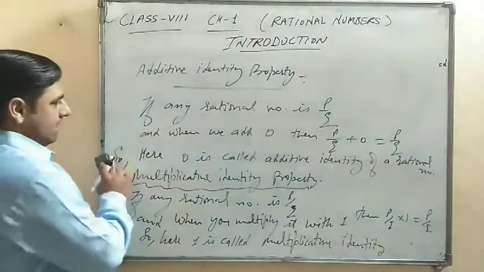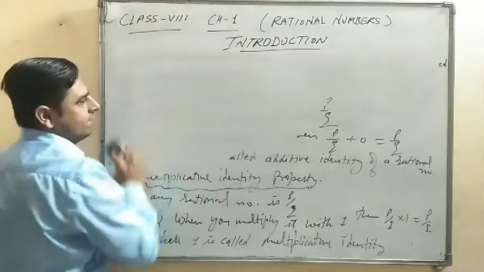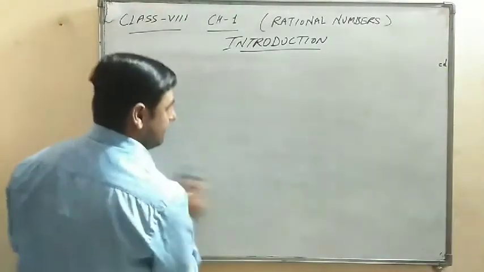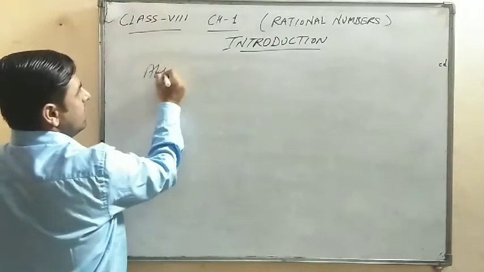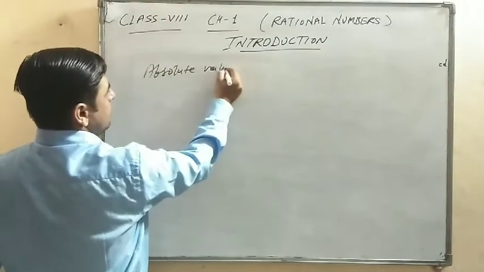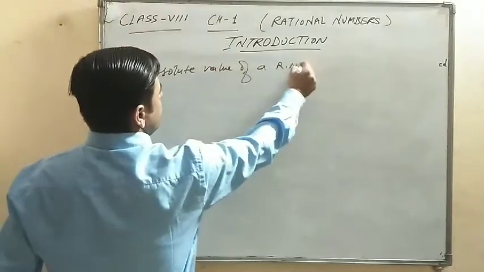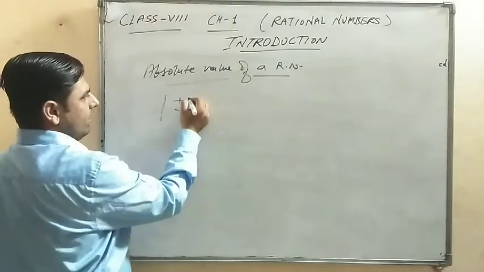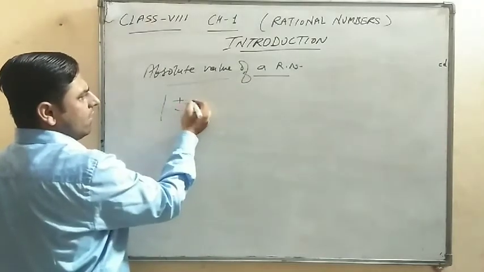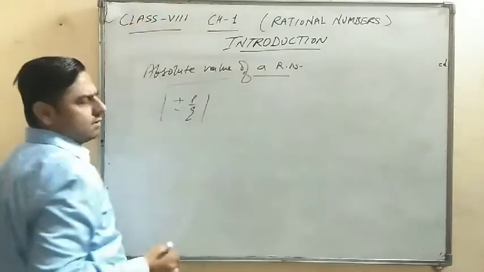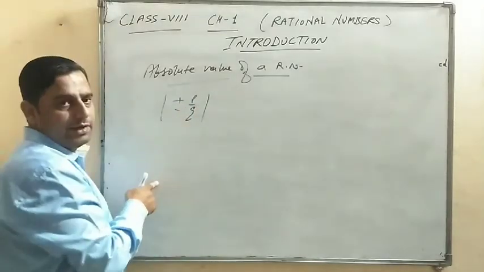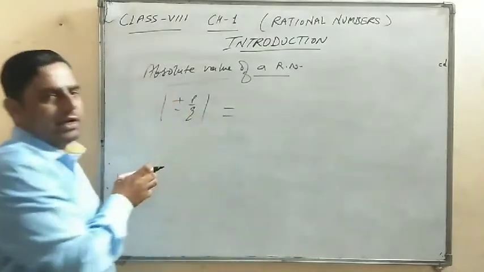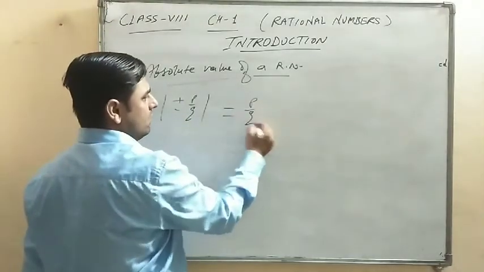Okay. Next one is the absolute value of a rational number. It will be represented inside of two vertical lines. It may be positive, it may be negative. But after deleting the two vertical lines, you will get the result in positive form.